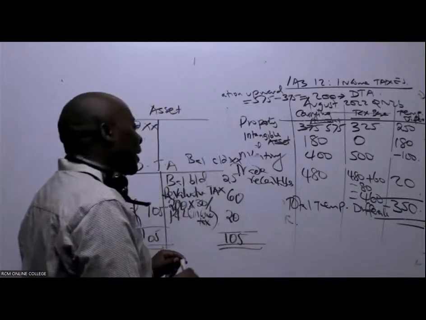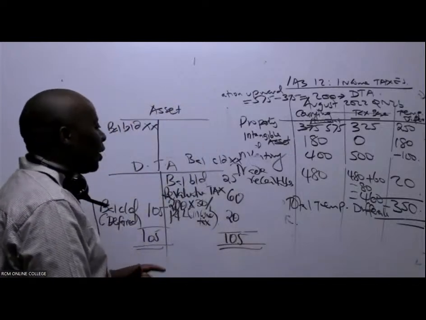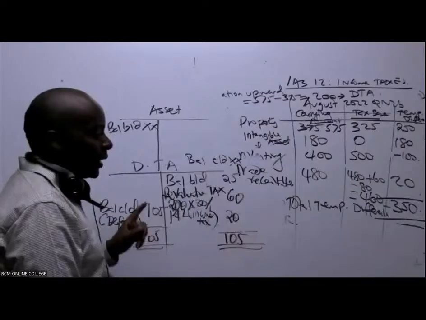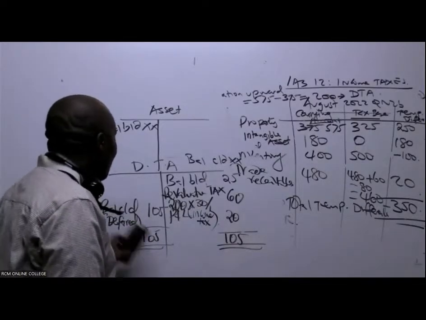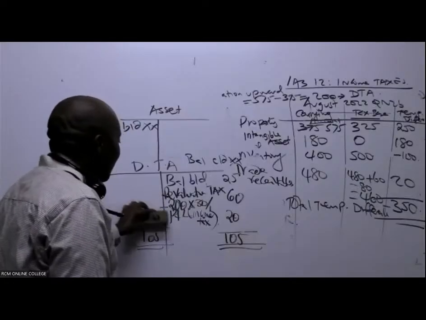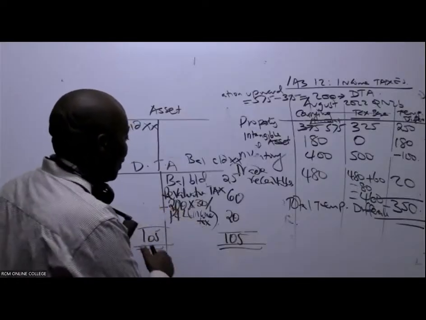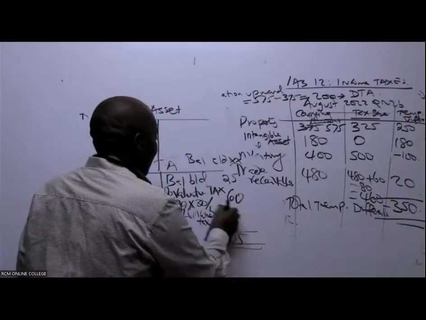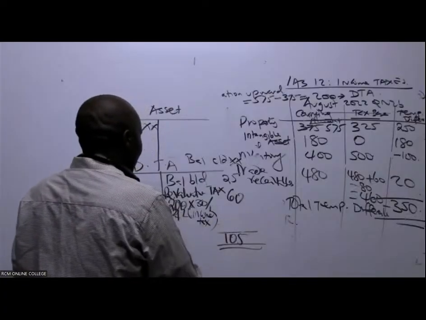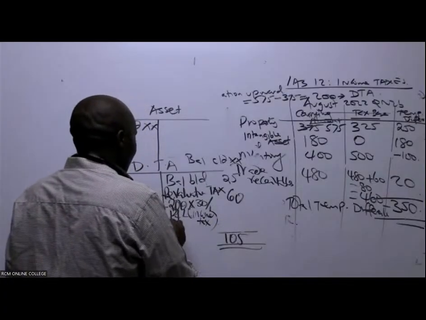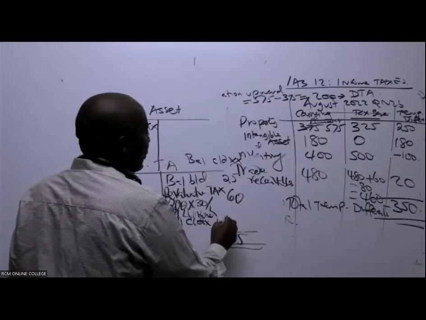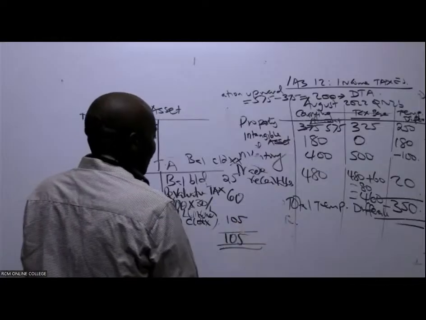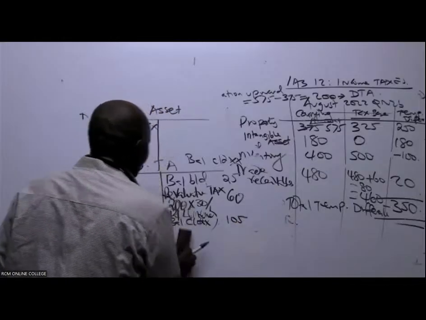So I know that negative temporary differences will lead to what we call a deferred tax asset. So the deferred tax asset balance carried down will be here. You'd have come and put it here. So the balance carried down would have been here, 105, like that. And then now you'll come and do your balancing as usual.